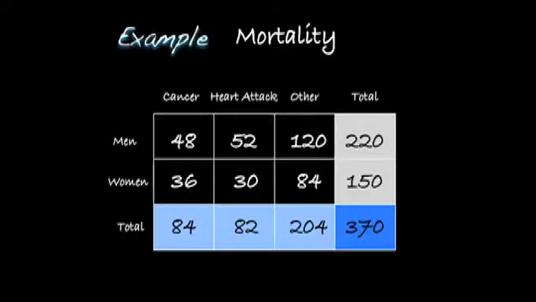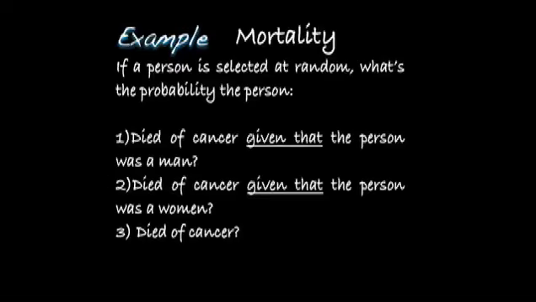Consider this mortality table. In this table, you have men and women who have died. Some have died of cancer, some have died of a heart attack, and some have died of other afflictions.